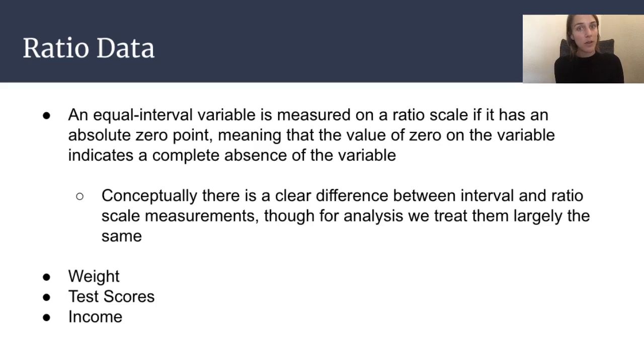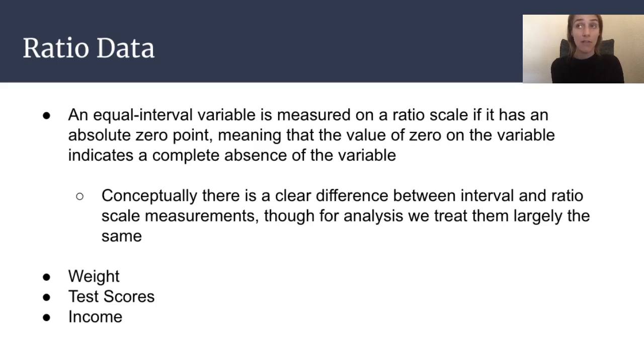So some examples of ratio data would be something like weight, right? If you're trying to weigh a substance, if you have 0 of it, you will have a weight of 0, right? And that means the absence of whatever it is that you're trying to measure. A test score, a 0 would be the absence of a test score. An income, right? Can you have 0 income? Tragically, yes, right? Can you have negative income? Also tragically, yes, that's debt, right?